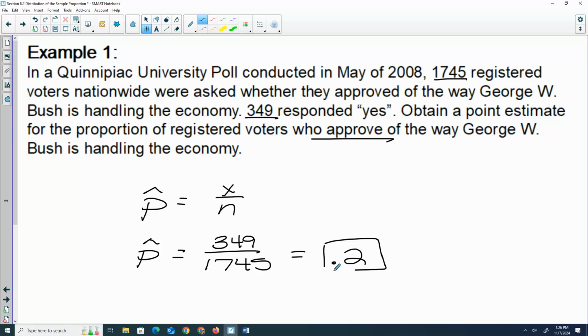And so our point estimate is 0.2. 20% agreed with him. All right.